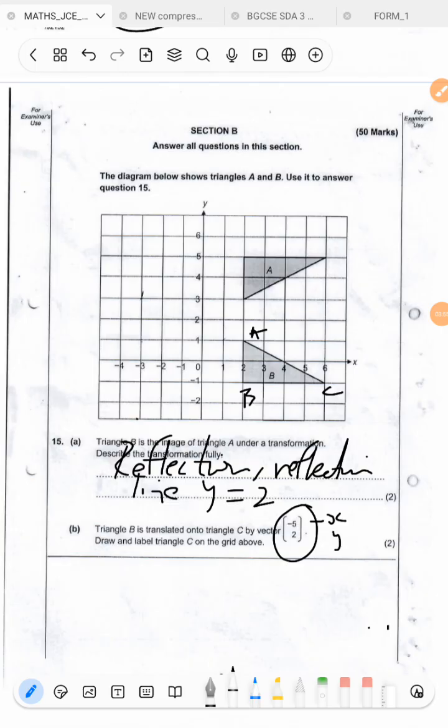When it comes to the x-axis, whenever it's negative, you move left, and if it's positive, you move right. For the y-axis, if it's negative, you move down, and if it's positive, you move up.